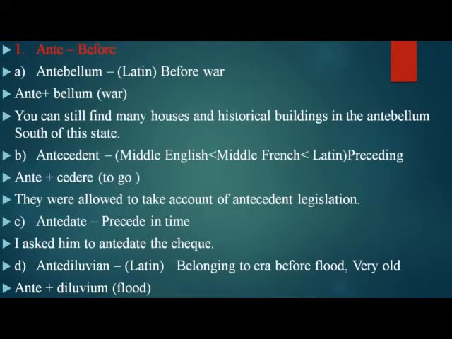Then it's an interesting word, antediluvian, and this word has Latin origin, and diluvium is the root from which this diluvian has come, and diluvium means flood. So actually this has existence in Hindu mythology and biblical references as well.